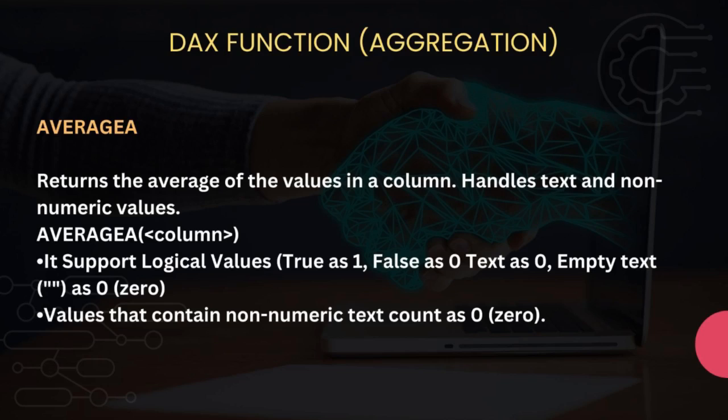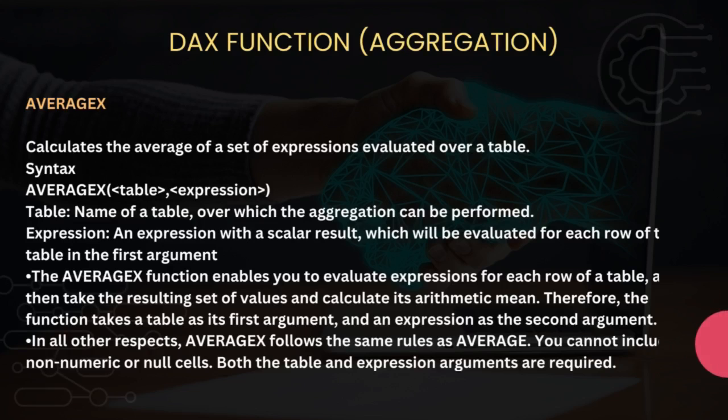Then the next is the AVERAGEX DAX function. The AVERAGEX DAX function is used to calculate the average of a set of expressions evaluated over a table. Here you can see the syntax. The syntax is AVERAGEX, and inside the bracket you have to pass two things: one is the table name and the other is the expression.